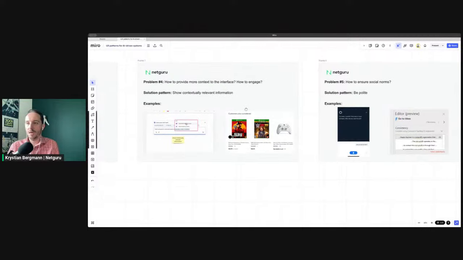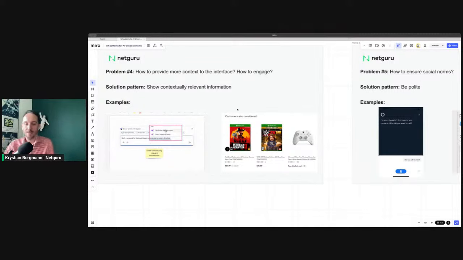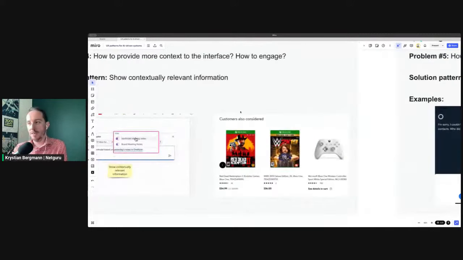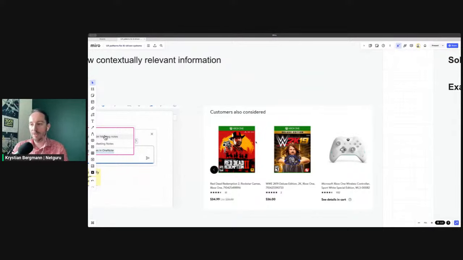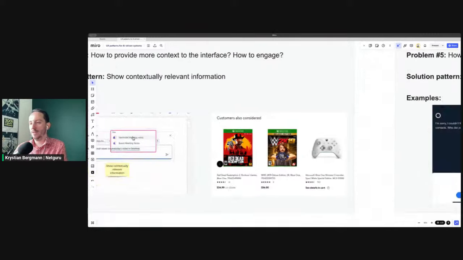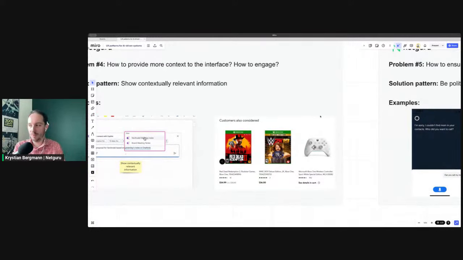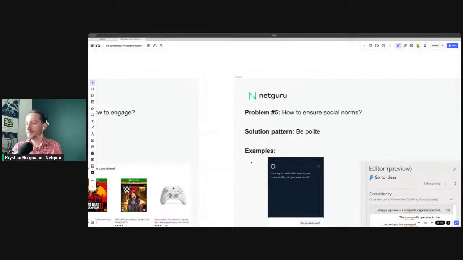So this is contextualized information for this specific amount or this specific period of time. So people that also built this product, like, I don't know, probably some Xbox console, they've also considered or also bought this product, right? So this is contextualized information and relevant in a very specific time period.